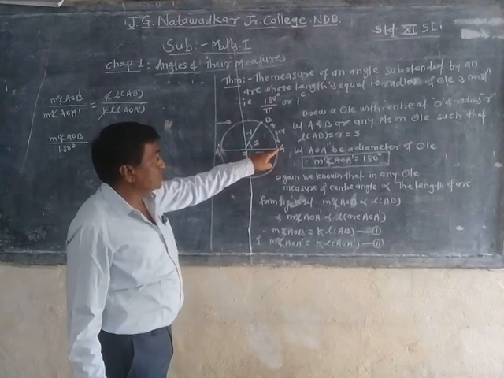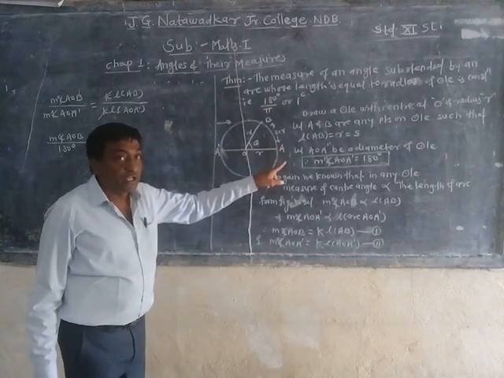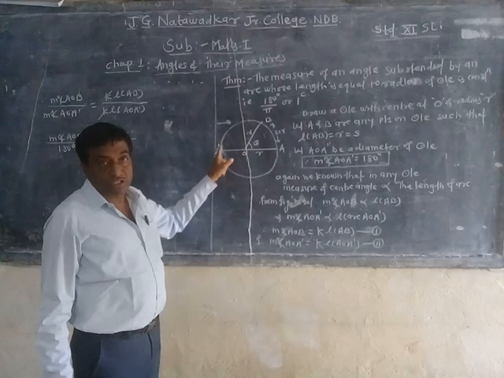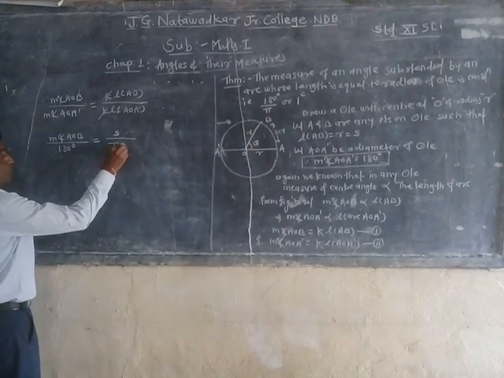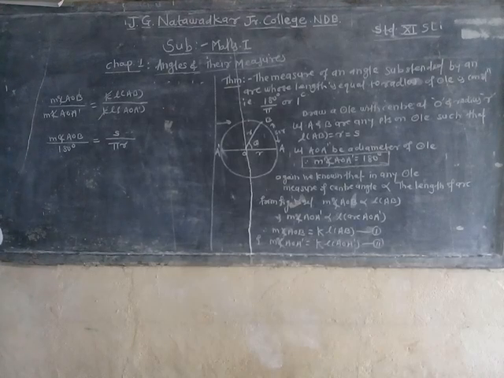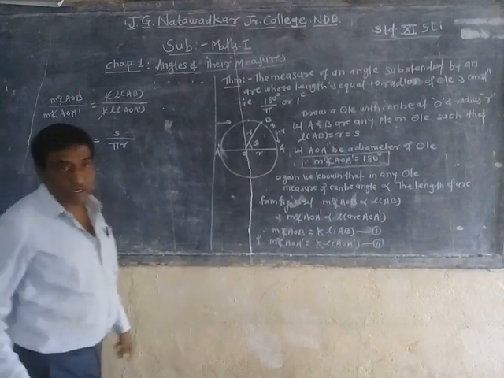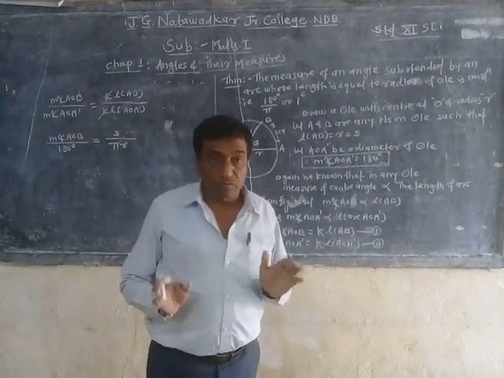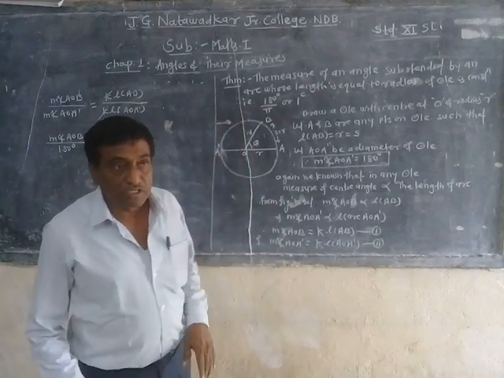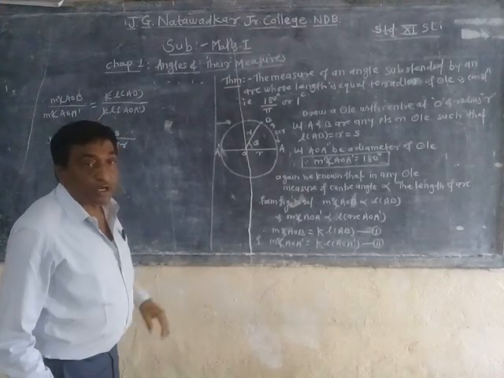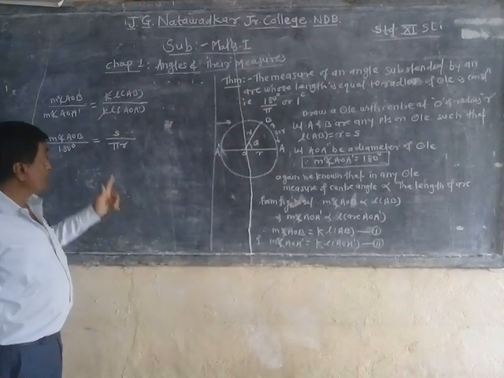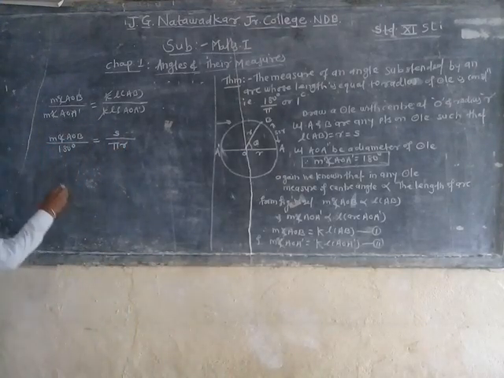AOA dash is the half circle, and that's why this arc is the perimeter of the half circle, and its perimeter will be pi r, because you know that the perimeter, sorry, the circumference of a complete circle is 2 pi r. That's why the circumference of a half circle is only pi r.